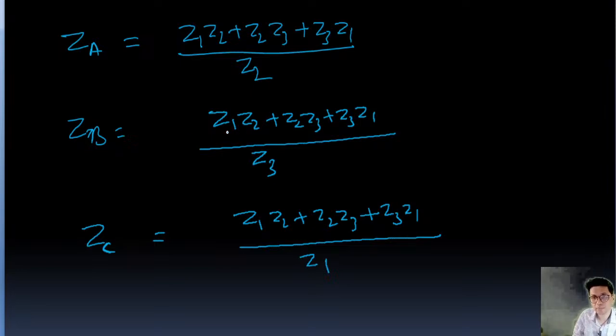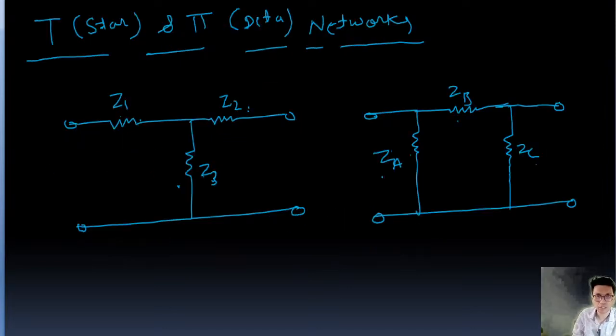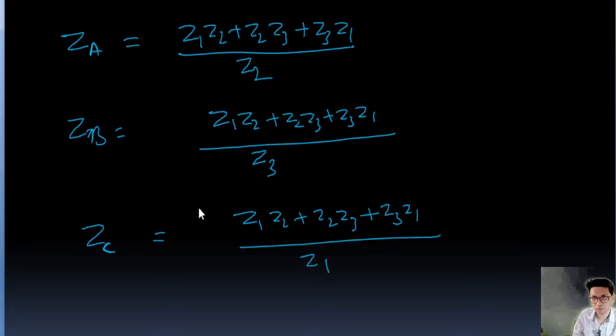For ZB, Z1 Z2 plus Z2 Z3 plus Z3 Z1 upon Z3. For ZC, Z1 Z2 plus Z2 Z3 plus Z3 Z1 upon Z1. So these are the values of ZA, ZB and ZC. We can easily convert T network into pi and pi network into T by using these formulas.